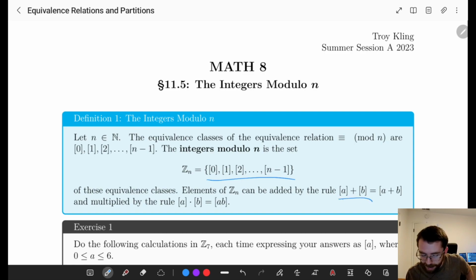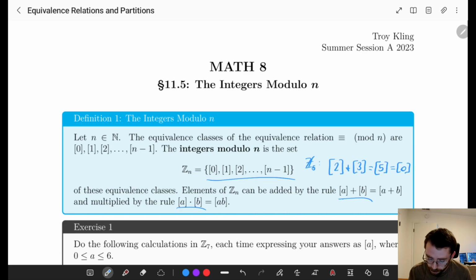Weirdly, you can add and multiply the equivalence classes here. For example, if I'm working in the integers mod 5, then the equivalence class of 2 plus the equivalence class of 3 is the equivalence class of 5. And it turns out, if I'm working mod 5, that's the equivalence class of 0. This all turns out to be true.